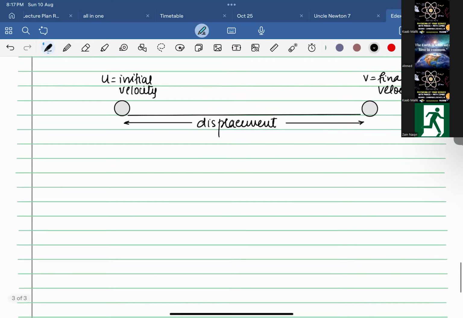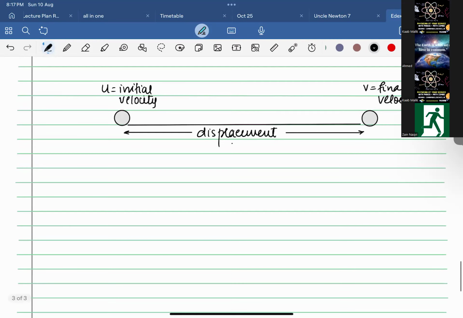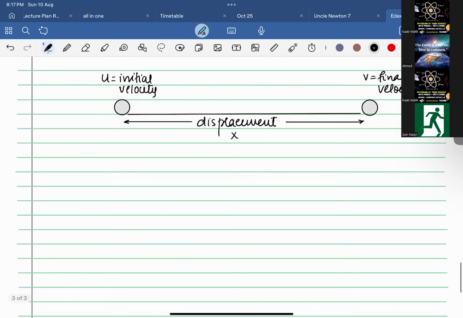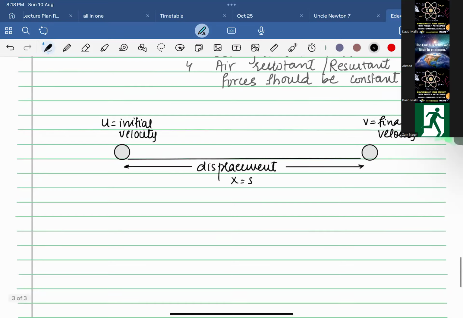What would be the difference if we consider the distance or displacement? I'll tell you that. This third quantity will be referred to with x, or with s, mainly with s or with x, up to you. And there should be a constant acceleration a.